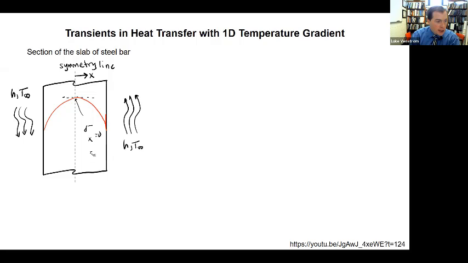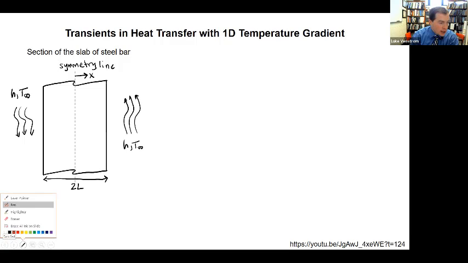Okay, so I'm going to erase that now. Because of that, we're going to think about the thickness of the slab as being 2L thick. Initially inside of the slab, if I look at some little chunk and ask myself, what's the temperature at this particular location x at t equals 0?